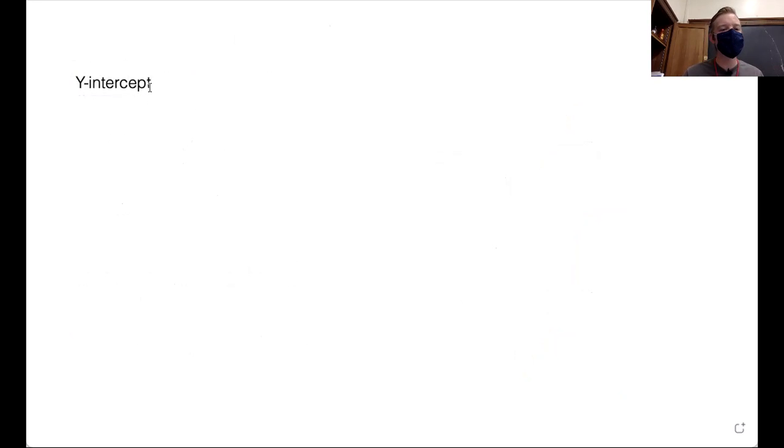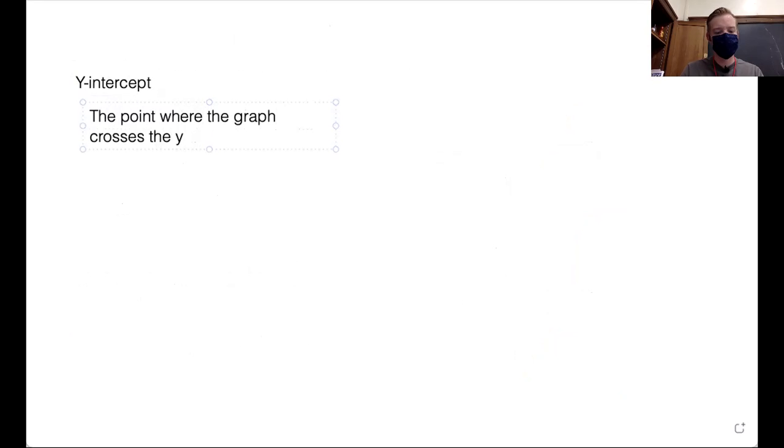So the y-intercept is the point where the graph crosses the y-axis. And with this, there will always be a y-intercept, and there will always be exactly one y-intercept.